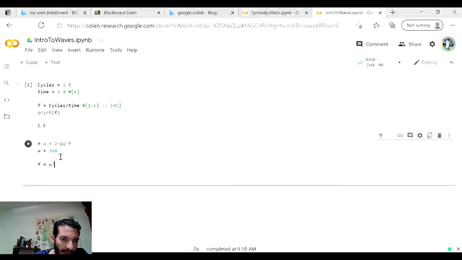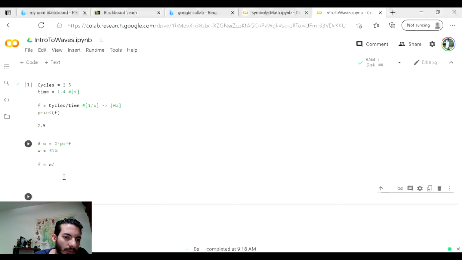W divided by pi. But how do we call pi in Python? We have to call the math library, which in Python is called the numeric package. So can I move this up?